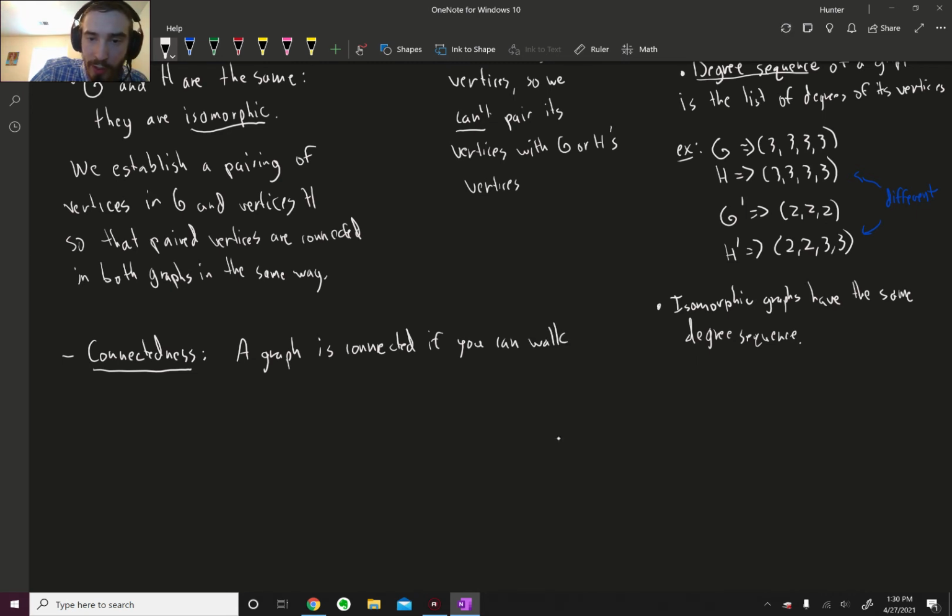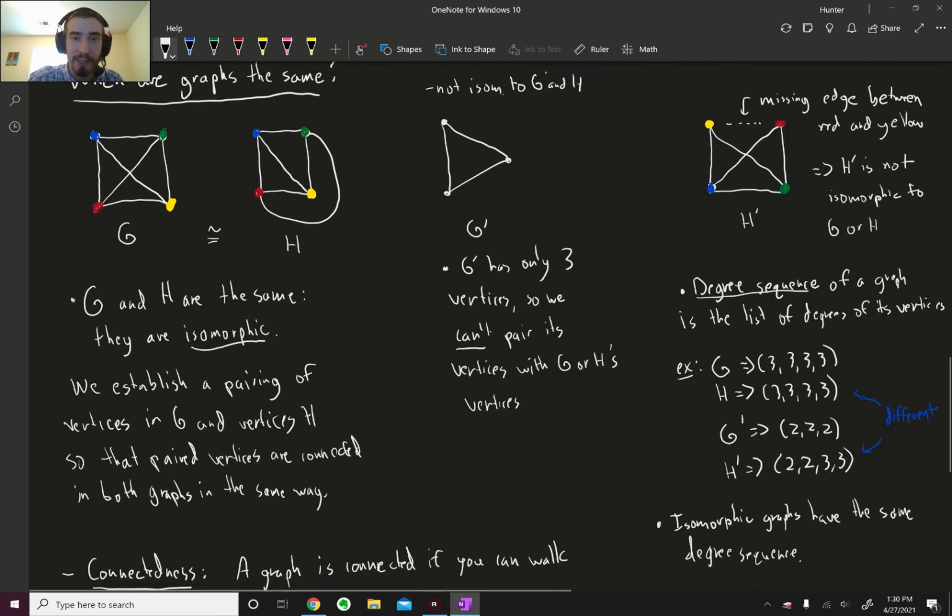Say, if you can walk between any two vertices along the edges. So we've seen lots of examples of connected graphs. I think every graph that I've drawn so far has been connected.